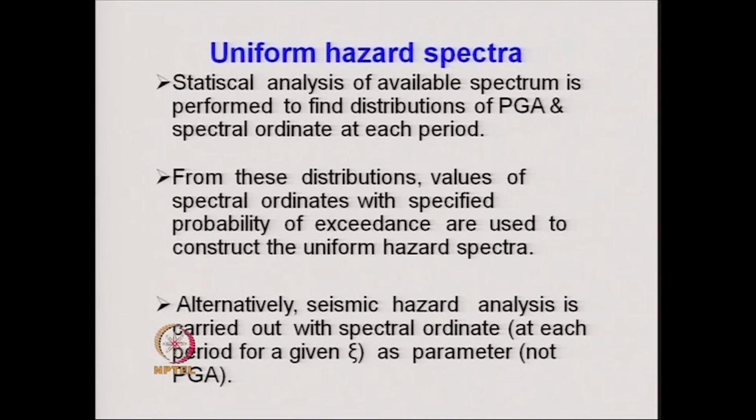Statistical analysis of available spectrum is performed to find the distribution of peak ground acceleration and spectral ordinate at each period in order to obtain the uniform hazard spectrum.